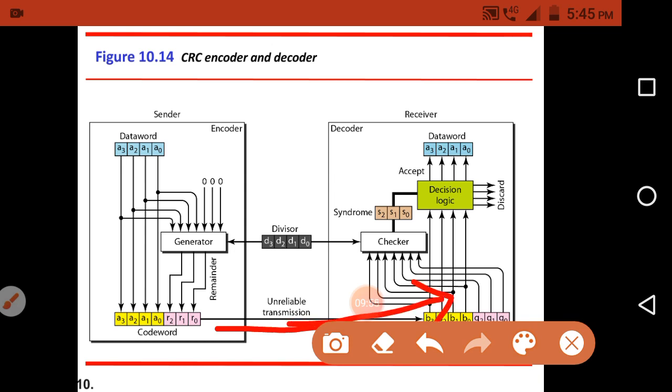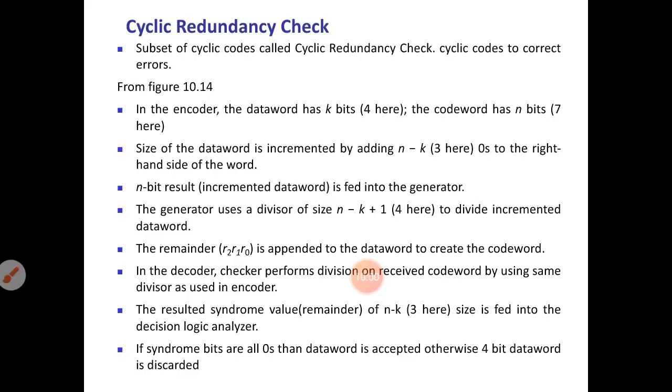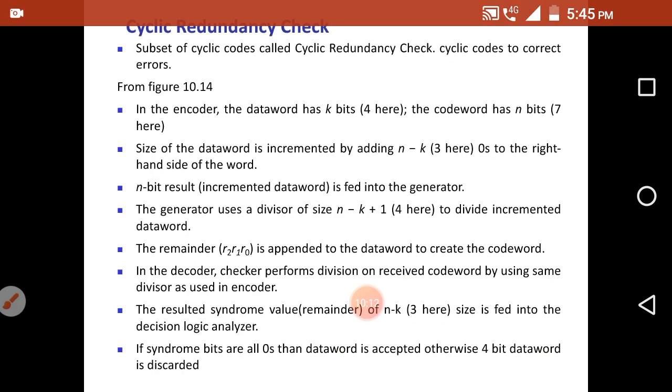At the receiver side, in the decoder, we need to decode that information. The checker performs the division on the received code word by using the same divisor as used in the encoder.